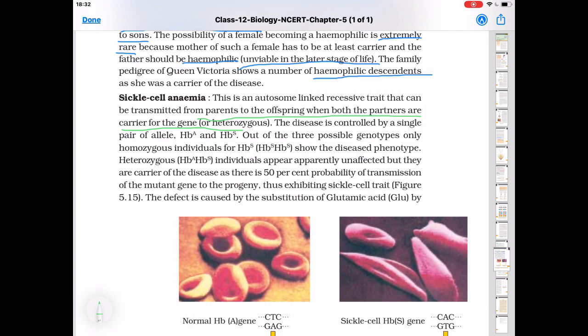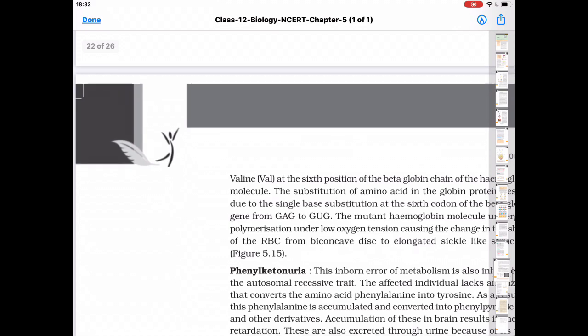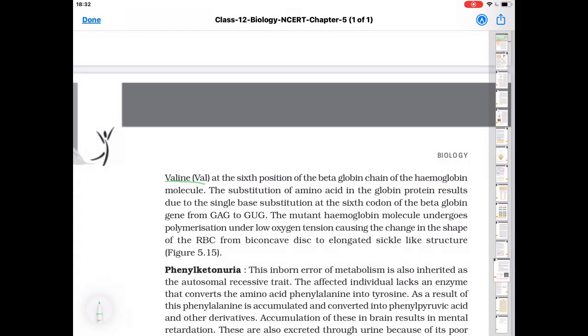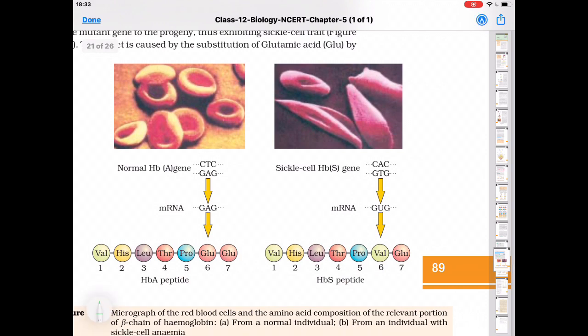Because it is recessive, both the parents should be carriers for this disease. Next, this is mainly caused by the substitution of glutamic acid by valine at the 6th position of the beta globin chain of the hemoglobin molecule. Here a diagram is shown which shows the beta chain of hemoglobin. At the 6th position, the glutamic acid is changed with valine. Glutamic acid has the code GAG, and valine has GUG.